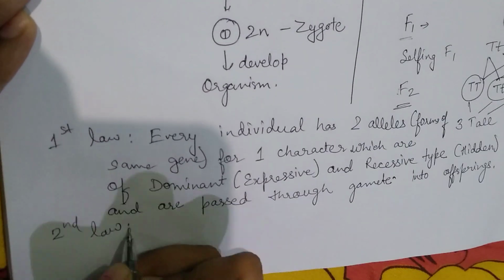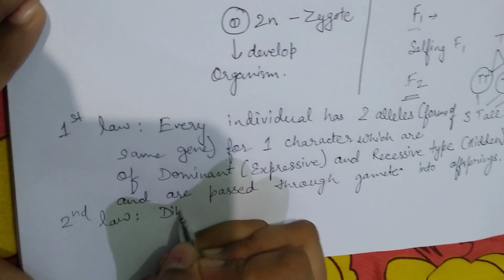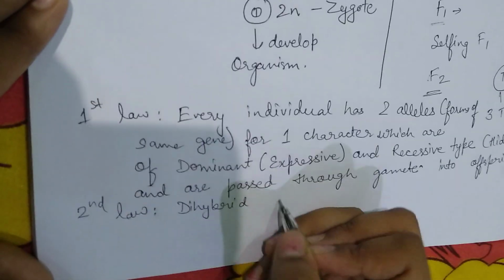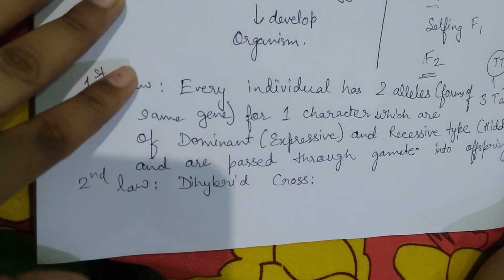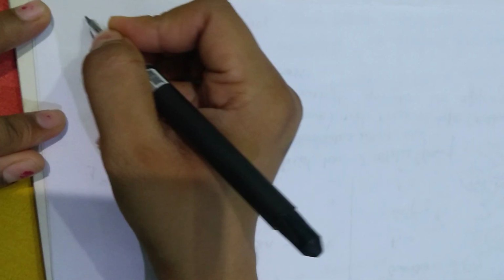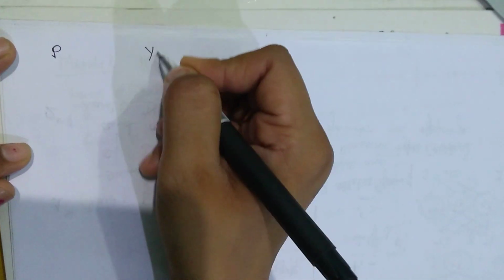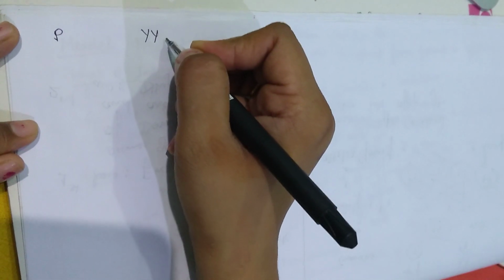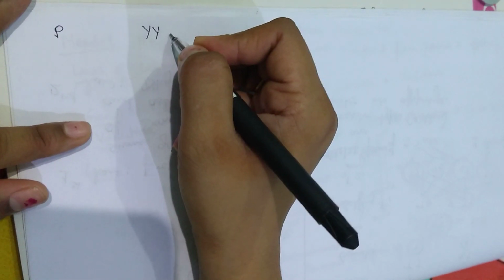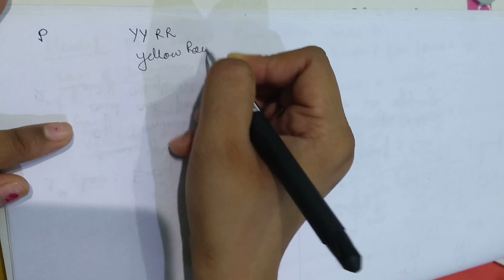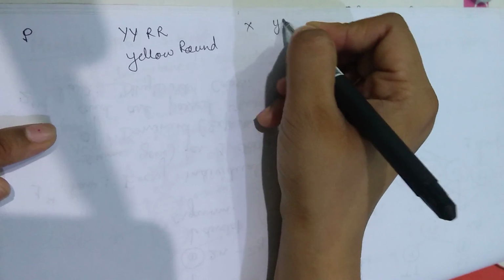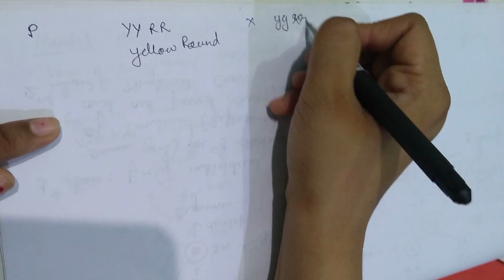And now the second law is expressed by the dihybrid cross. Here Mendel took 2 characters together. Parents differ in 2 characters, like a yellow round seed and a green wrinkled seed.